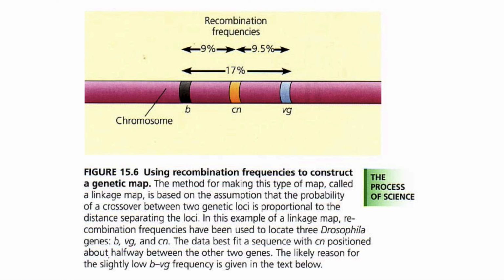Now, in reality, we're measuring it from the end of one gene to the other one. In this example, we have 3 genes, B, CN, and VG. The crossover frequency between B and CN is 9%. The crossover frequency between CN and VG is 9.5%, but then the crossover frequency between B and VG is 17%, which is less than the two of them added together.